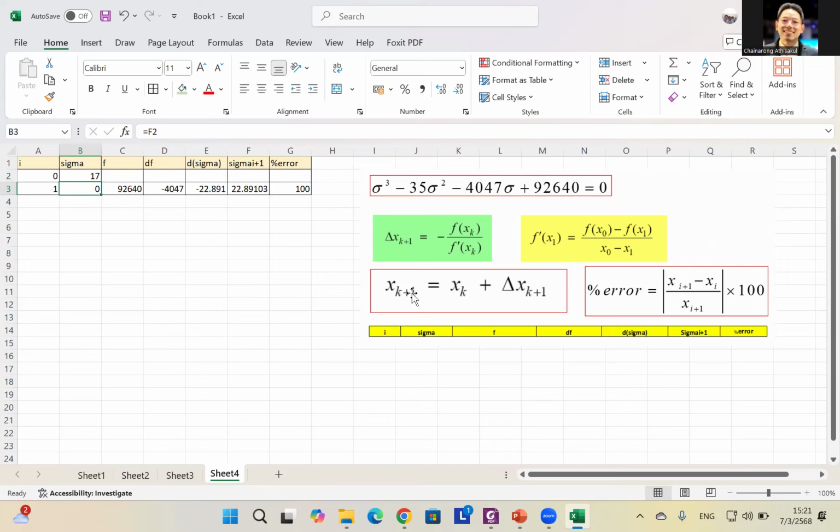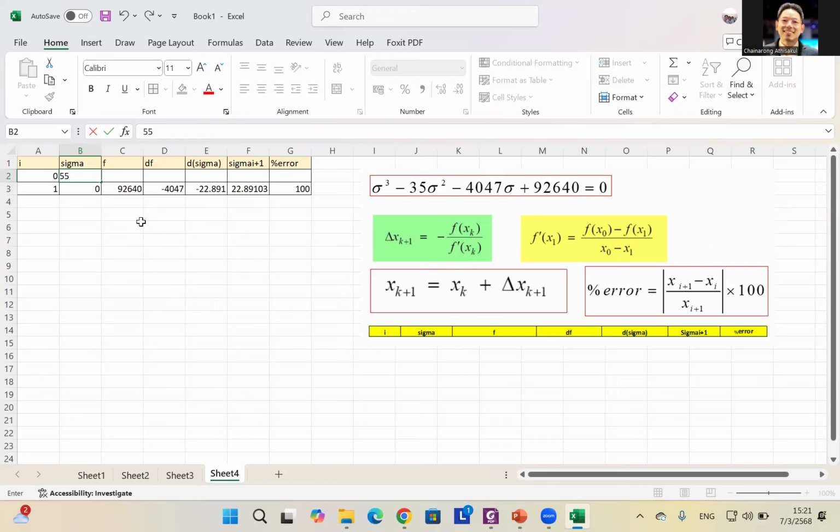And we require another value. What should the initial case be? Sorry? 55. 55, right? Positive one. Okay.